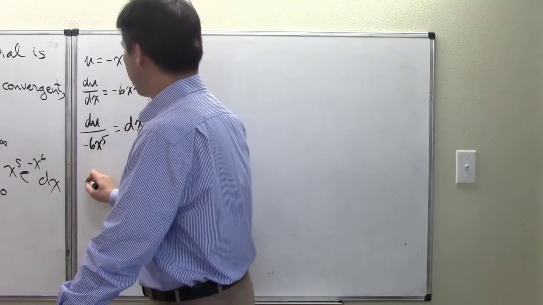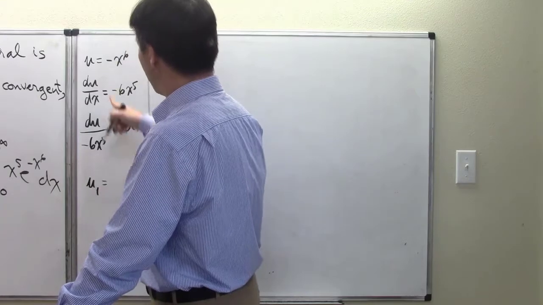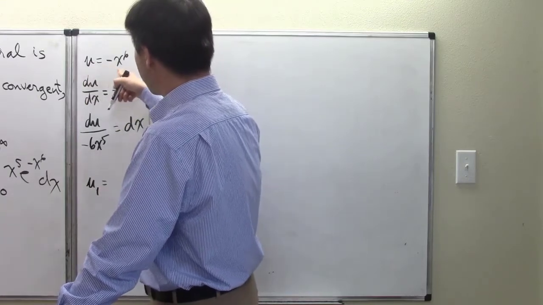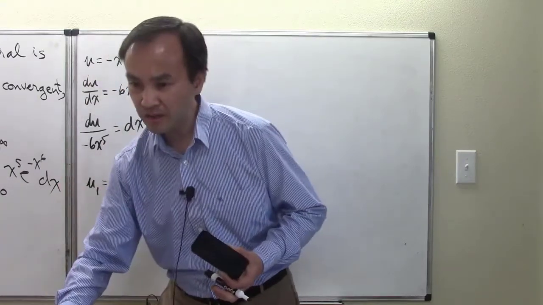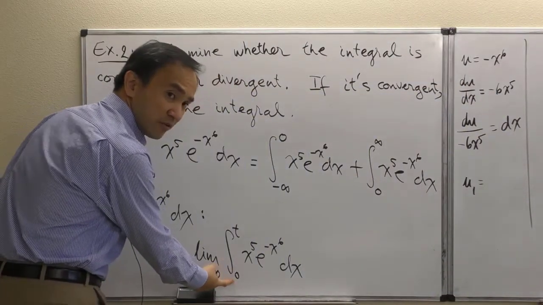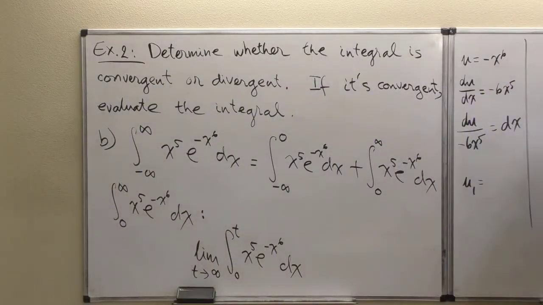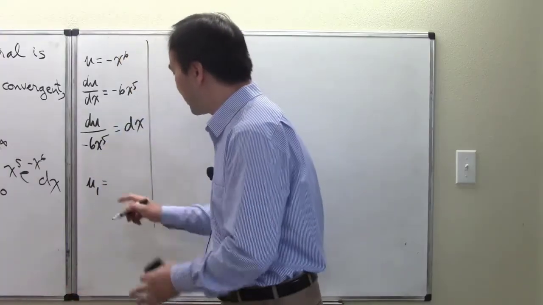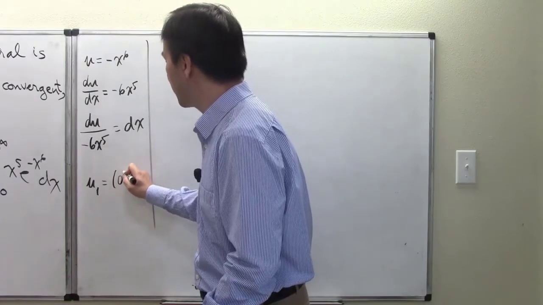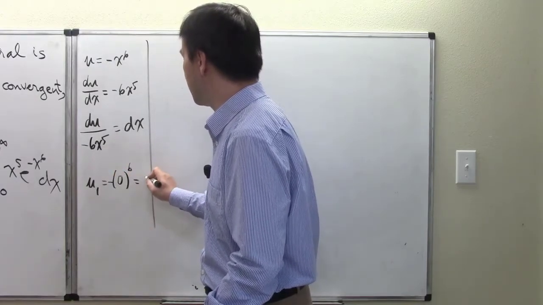Then the lower limit u1: if u equals minus x to the 6th, then the lower limit of our currently arbitrary integral is this 0 right here. So in terms of the variable u, u1 is minus 0 to the 6th, and that gives me 0.